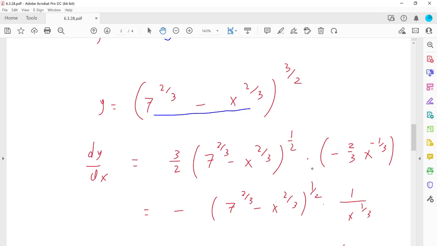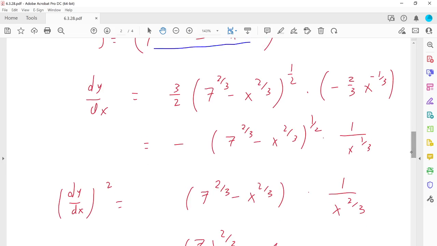The derivative of the function inside the parentheses is the derivative of this, which is 0, minus the derivative of this by using the power rule, which is 2/3 times x^(2/3 - 1). If you subtract 1 from this power, that will give you negative 1/3.